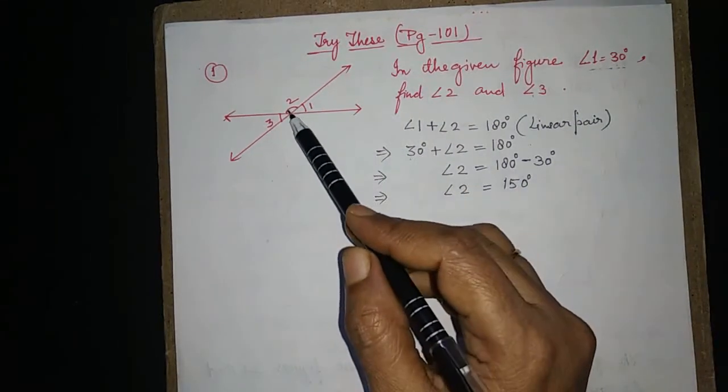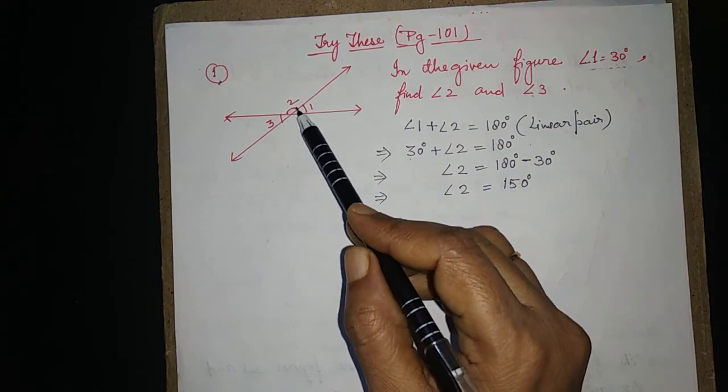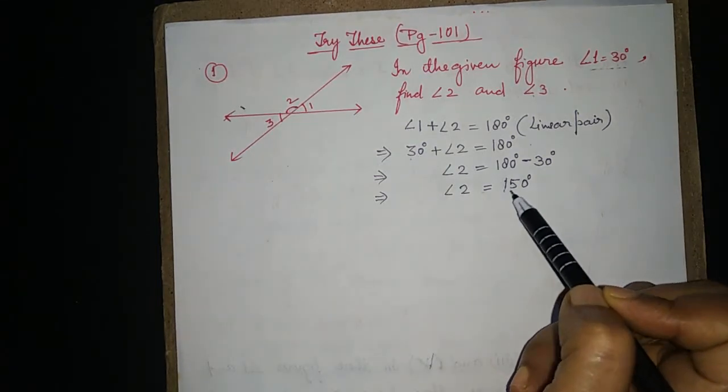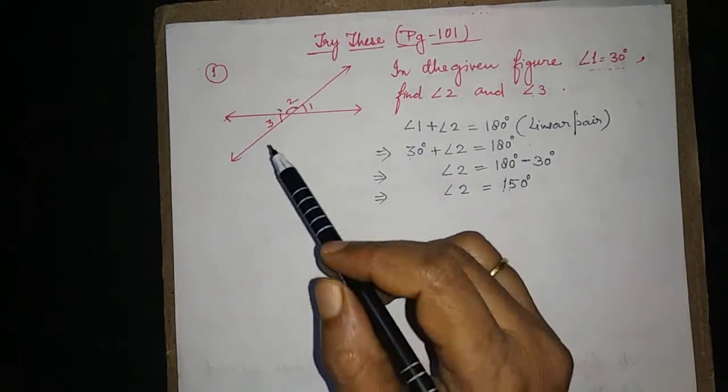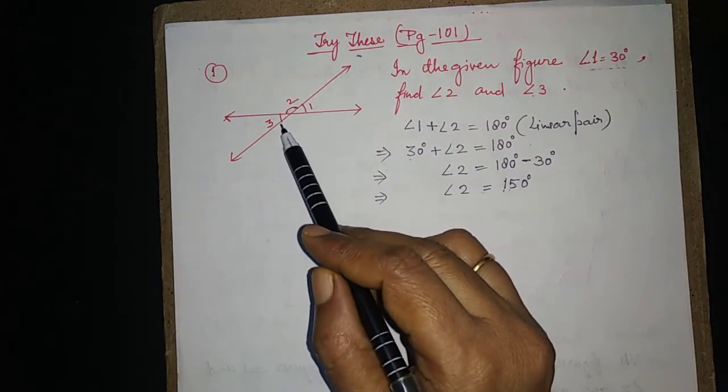Now we have got the measure of angle 2. Angle 2 is 150 degrees, and now we have to find the measure of angle 3.